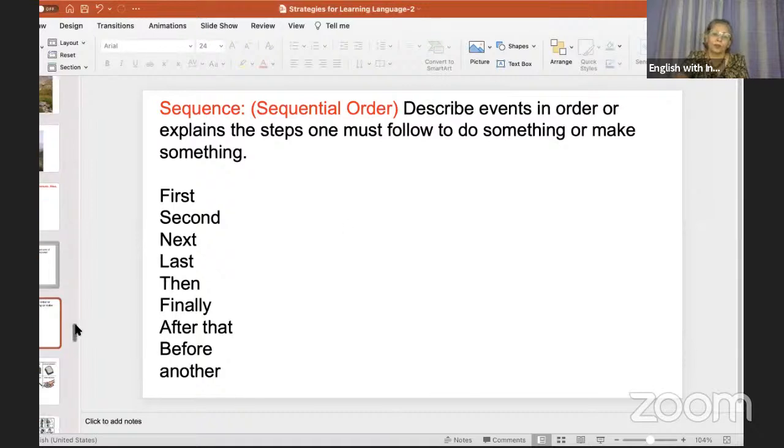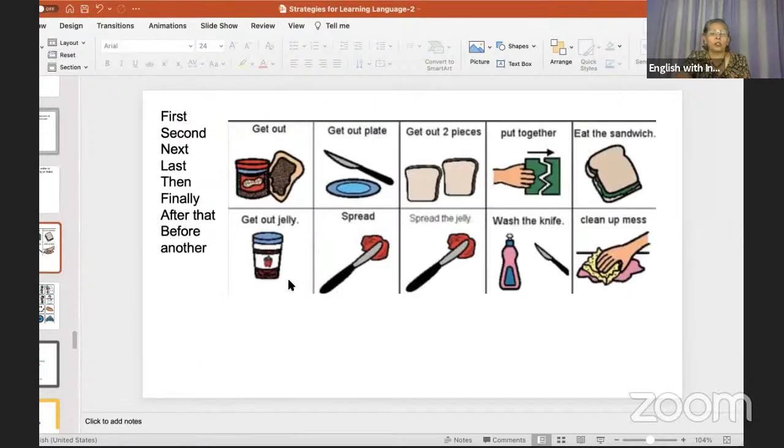I keep reminding you the same thing again and again, so you should remember that. Now here, if you see this picture, I will give you 1 minute so you can look at all the pictures and the sequential words. And then I want a volunteer, and Arun is here, and we're going to ask him to try.